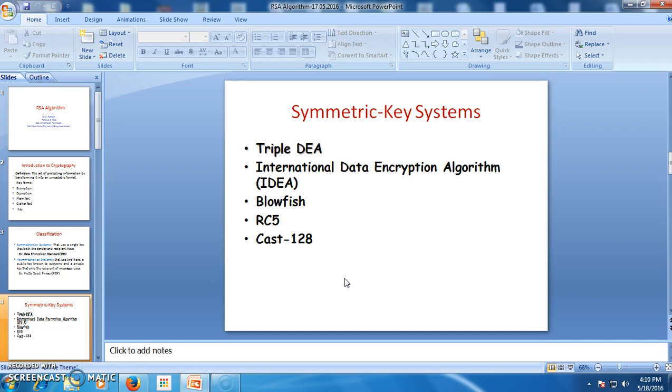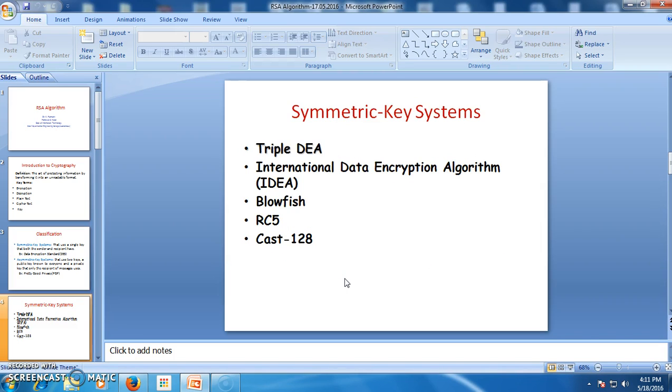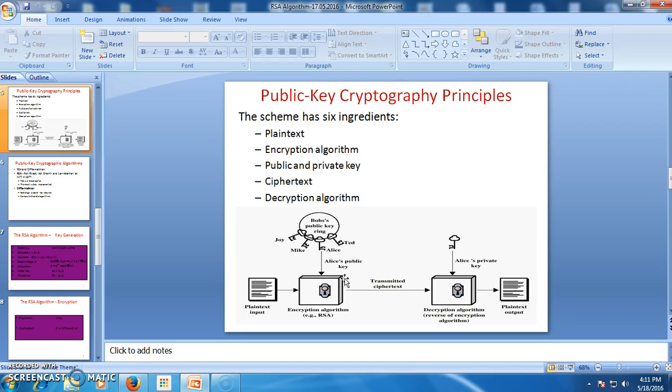Several symmetric key cryptography systems exist, like DES, Data Encryption Standard, and Triple DES, International Data Encryption Algorithm, shortly known as IDEA, Blowfish, RC5, CAST-128, etc. Due to the advantage of public key cryptography, many algorithms are using public key systems.